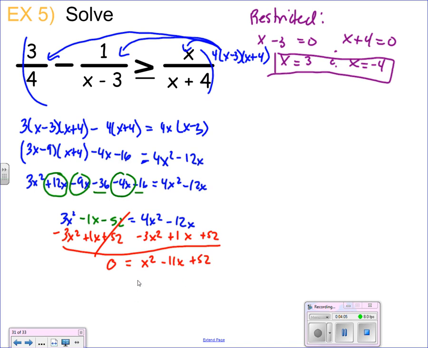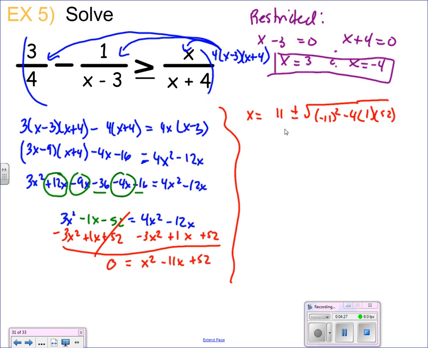And unfortunately, it's quadratic, so that means use the quadratic formula. So x equals opposite b, which would be 11 plus or minus the square root of negative 11 squared minus 4 times a, which is 1, times c, which is 52, divided by 2 times 1.